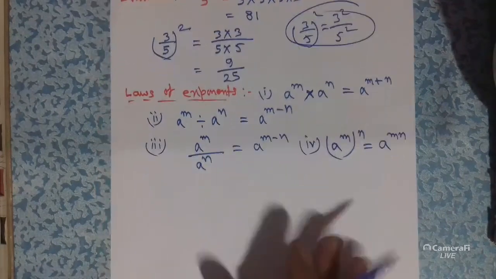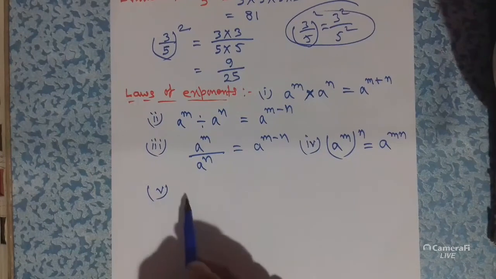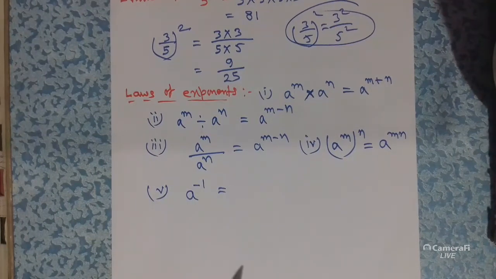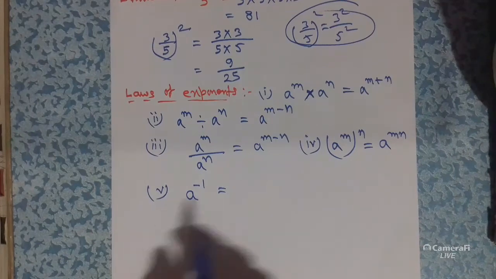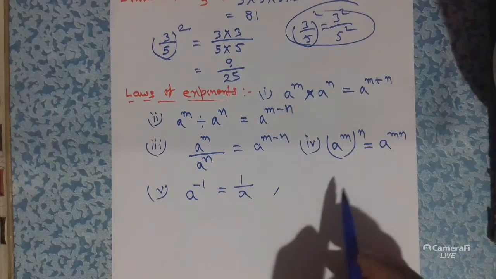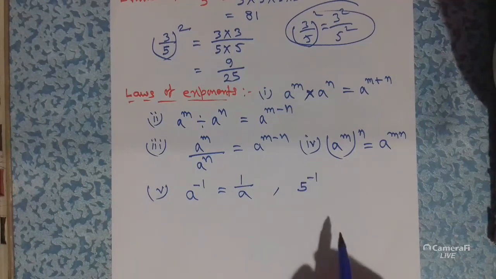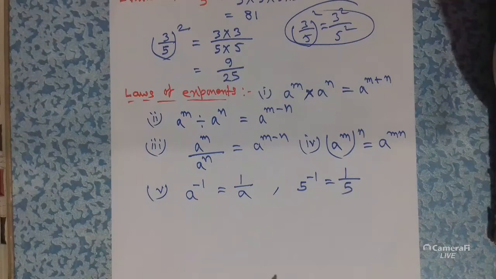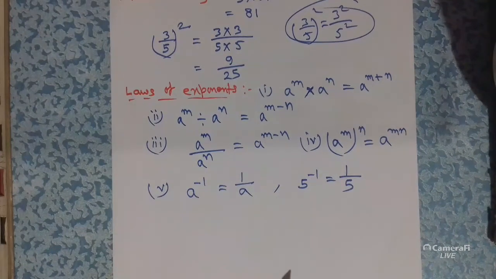And students, one important thing: if it is a to the power minus 1, then it can be written as 1 by a. As for example, if it is 5 to the power minus 1, then it can be written as 1 by 5. I hope you understood.